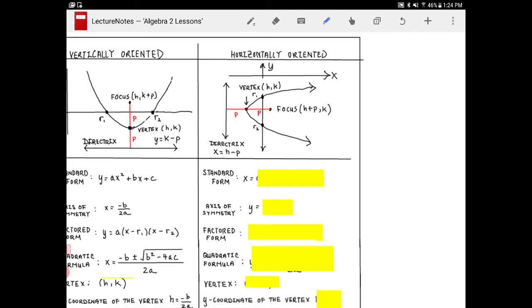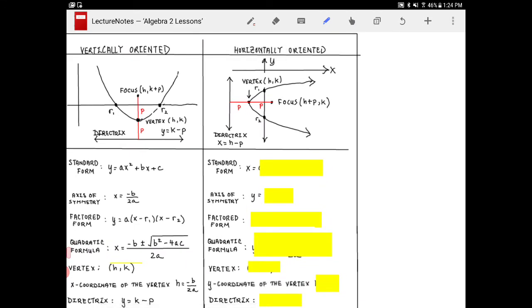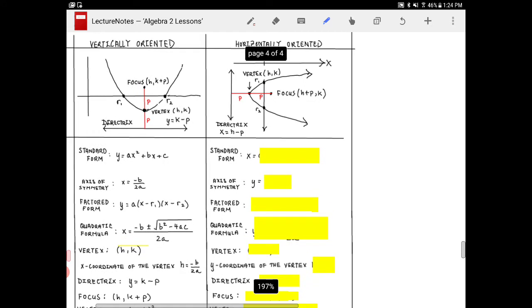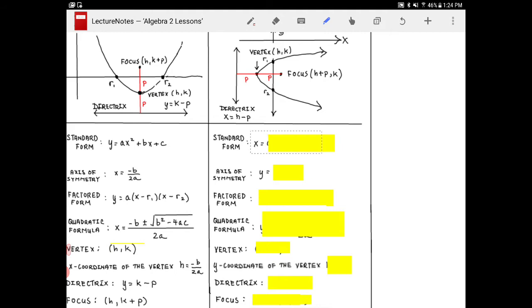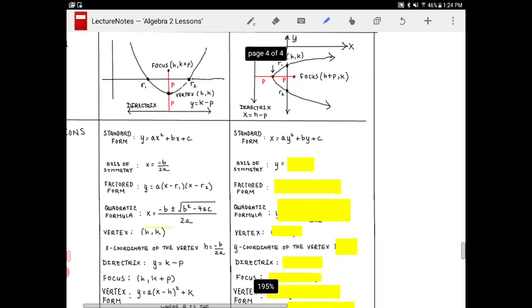And the equations look really similar. The only difference is everything will be expressed in terms of y, whereas before, when we were graphing things vertically, everything was in terms of x. So we have x is equal to ay squared plus by plus c.